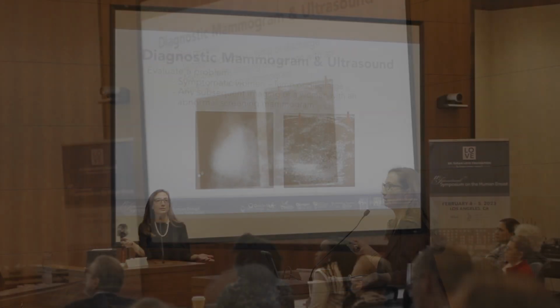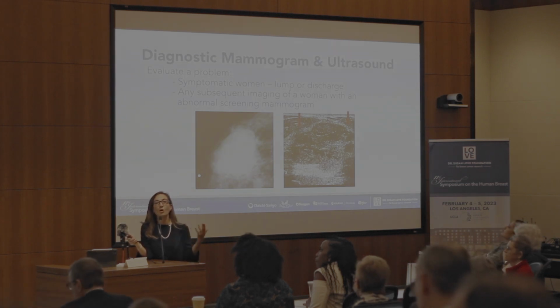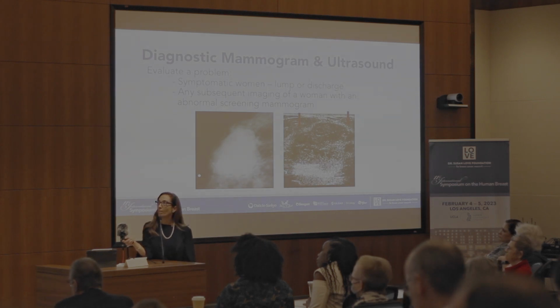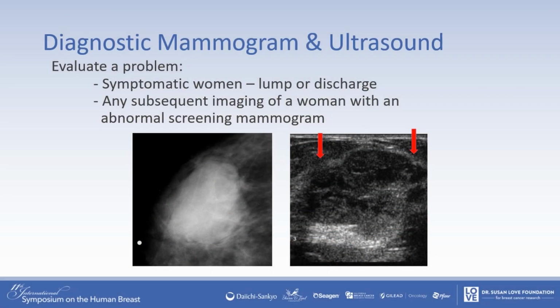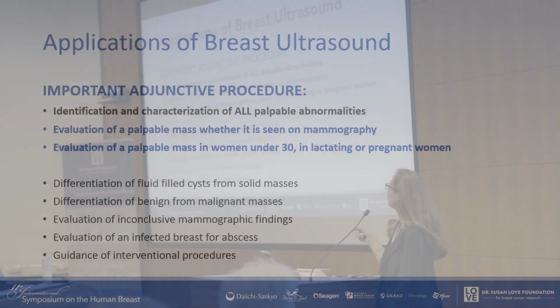And that's where ultrasound comes in. Ultrasound is invaluable in evaluating women that are symptomatic, so women with a palpable lump or nipple discharge, and it's also used for women who have an abnormal screening mammogram and come back for additional evaluation. Again, ultrasound is an important adjunctive procedure.